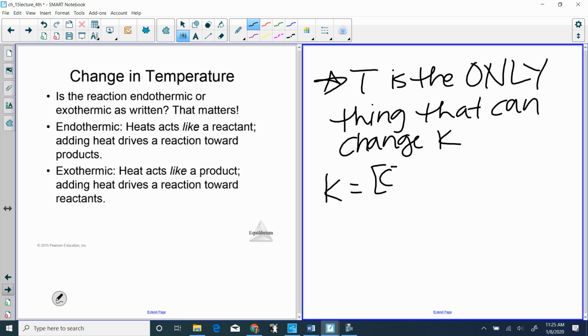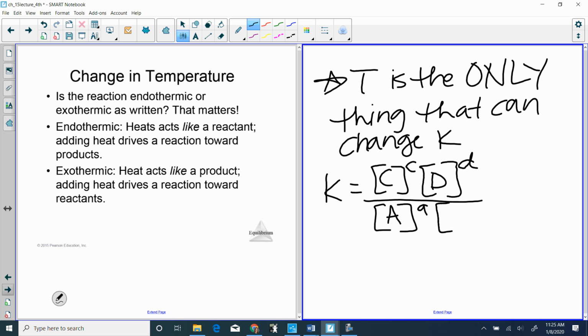Remember K is our products over our reactants. The way I think I math this is how I do it in my head. I think it's the easiest way to do it.